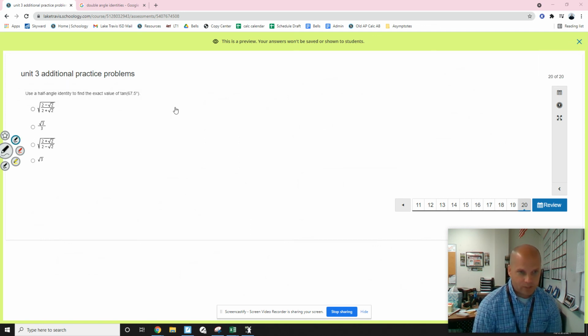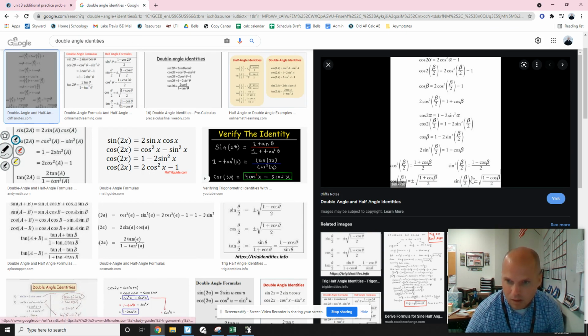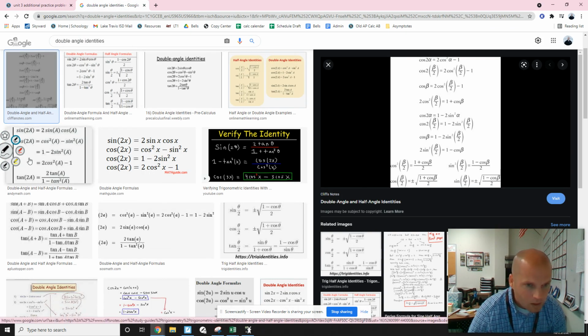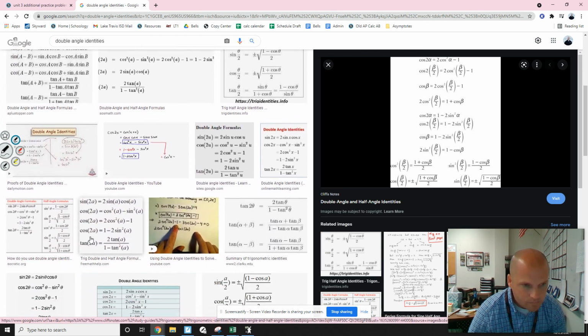Half angle identity for tangent. What was the tangent? It's the 1 minus in the top and the 1 plus in the bottom because it's the sine over cosine. Yeah, 1 minus in the top, 1 plus in the bottom.